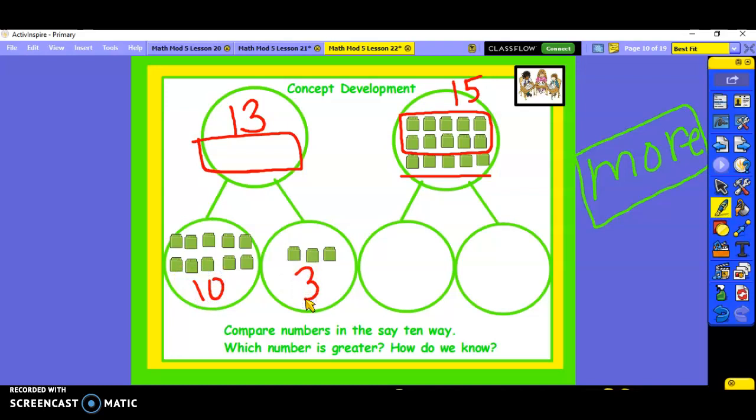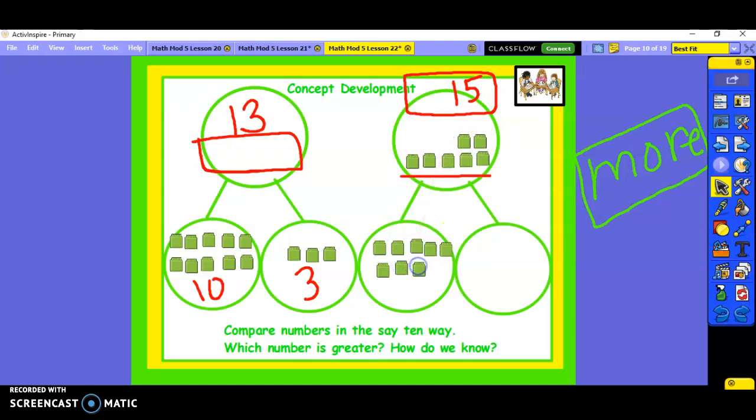Let's break up 15 the Say 10 way. 10, 5. So we're also going to break up 15 into our 2 parts. Let's get our 10. There we go.